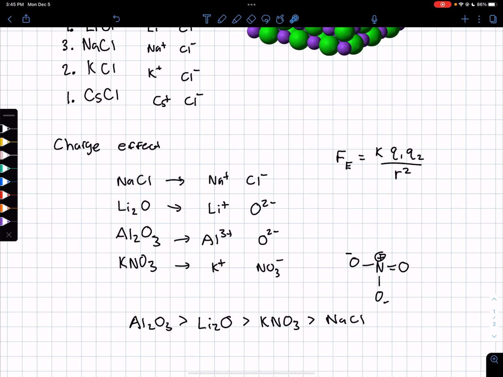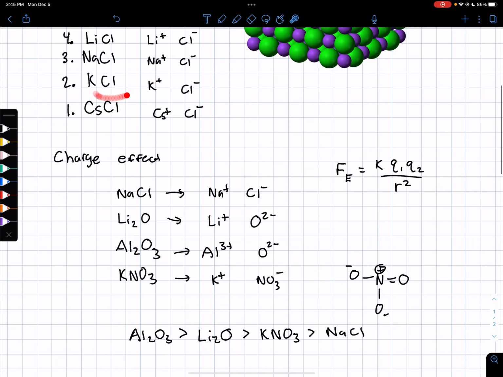Usually the first thing I would do is look at the charge effect. If you're given something where all of them have the same charge and it clearly requires the radius effect, then you would use the radius effect. But if you have some like this one where it gives you different charges, the ones with the highest charge will give you the highest lattice energy. And if you have some that are the same charge like these two, then you have to take into account that radius effect.